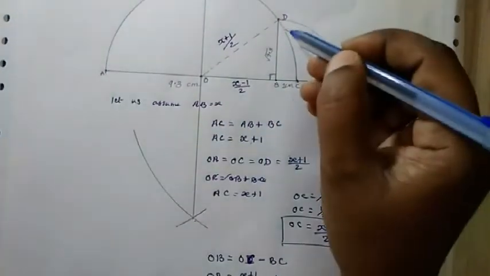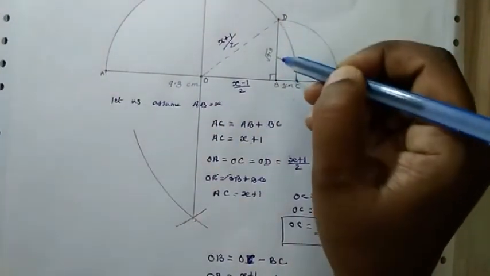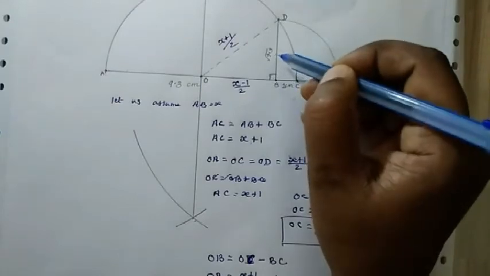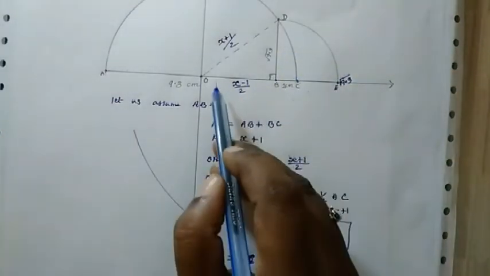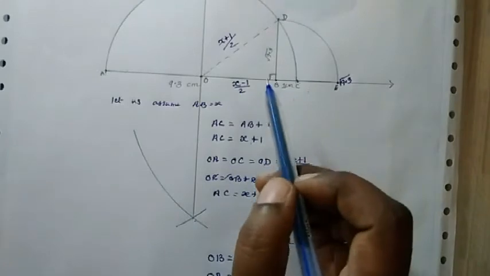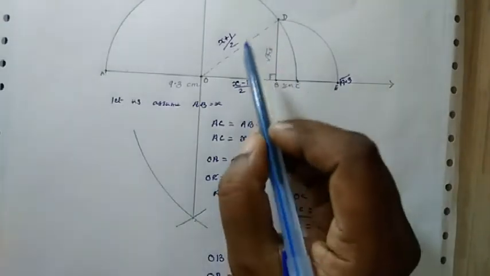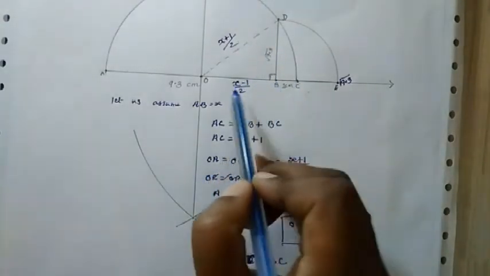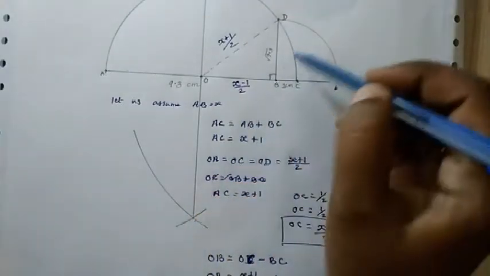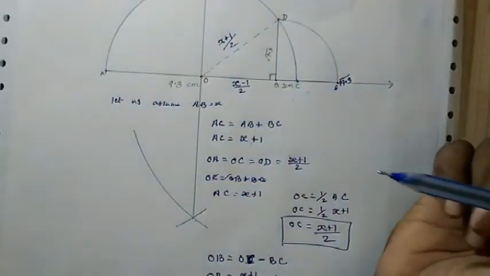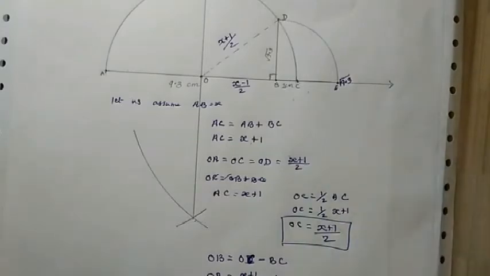Now we have to find out BD. We have to prove BD is root 9.3. For this we'll use the Pythagoras theorem. Pythagoras theorem says that hypotenuse square is equal to base square plus perpendicular square. So let's do the calculation.